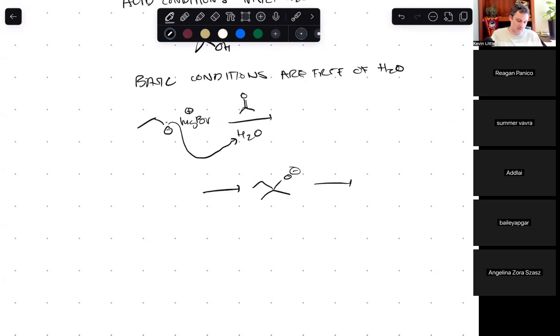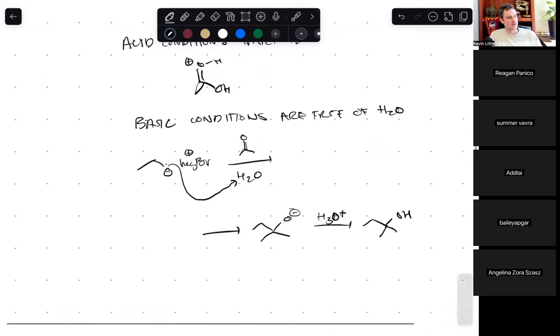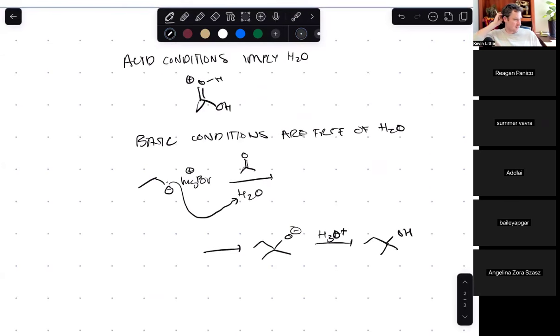So in these, we have to add some sort of acid or some sort of water to protonate this at the end. So it's less that, can we imply water with acidic conditions? Sure. It's more that in basic conditions, we're water free. We have no water.